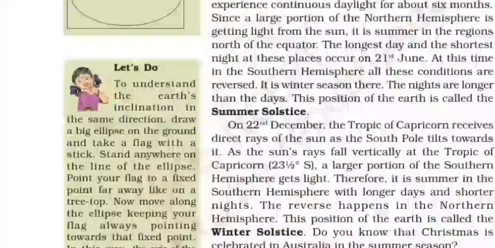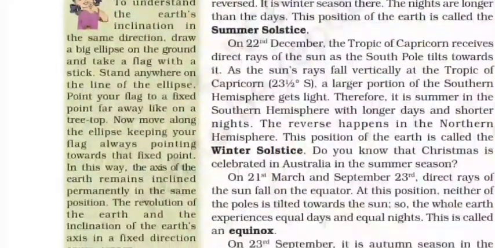At this time in the southern hemisphere all these conditions are reversed. That means whatever is experienced in the northern hemisphere is totally opposite in the southern hemisphere. There is winter season happening in the southern hemisphere when there is summer season in the northern hemisphere. So these are the longer days. This position of the earth is called the summer solstice.